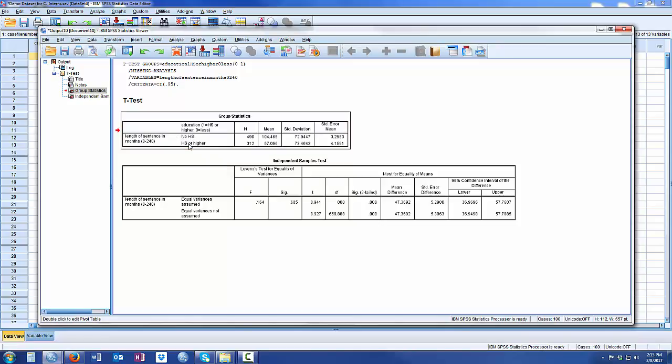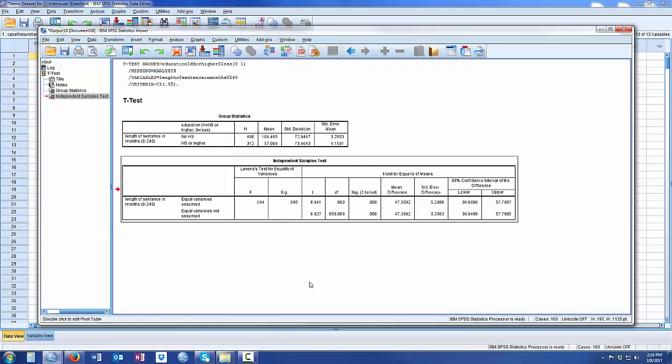The question becomes, is this difference in means statistically significant? To know that for sure, we have to look at the t-test table, which is below. Now this Levene's test for equality of variances, I don't want you to worry about too much. We're going to assume equal variances, and we're going to read from this top row of data.